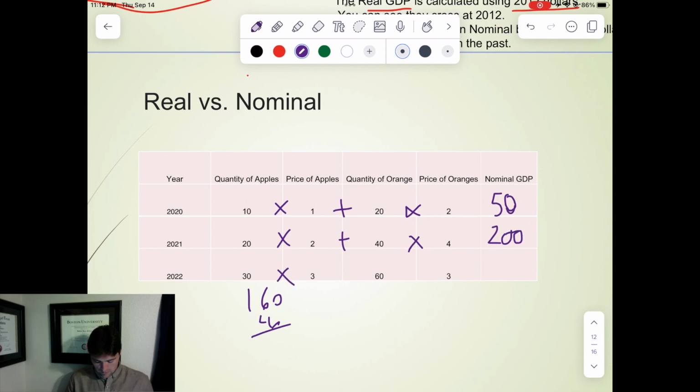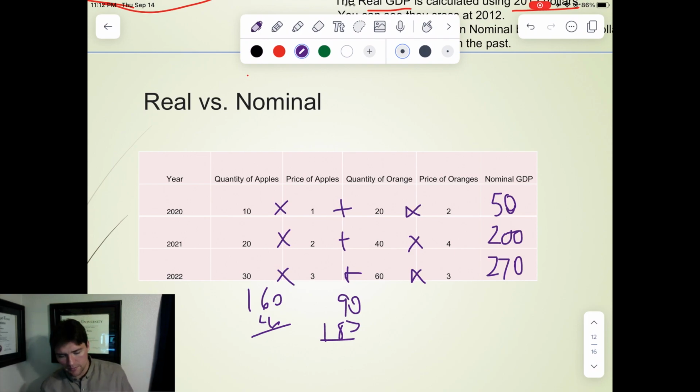And then finally we have 3 times 30 plus 60 times 3. So that'll be 90, 180, so that'll be 270.